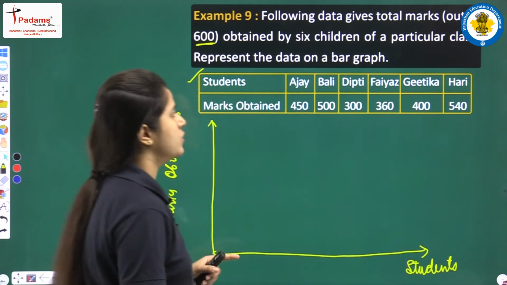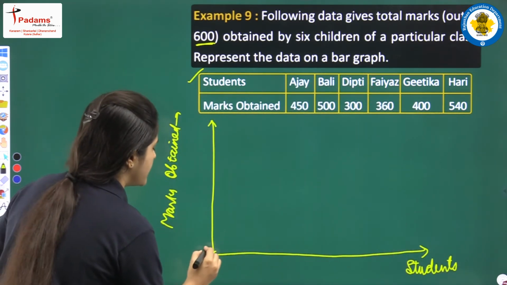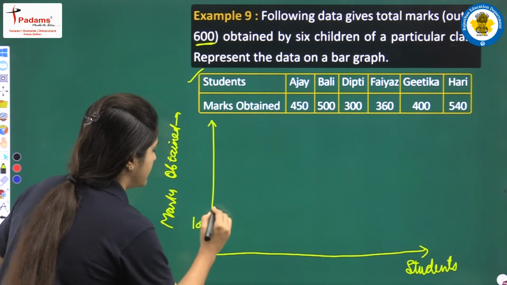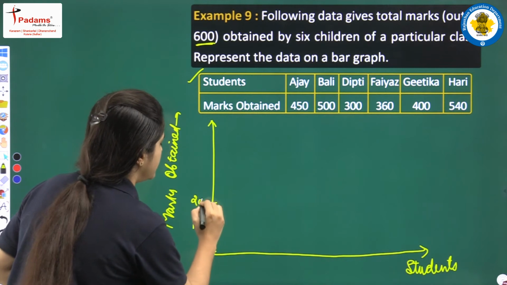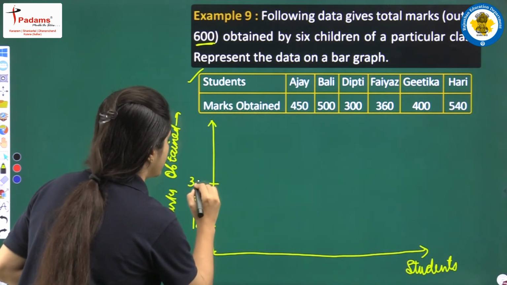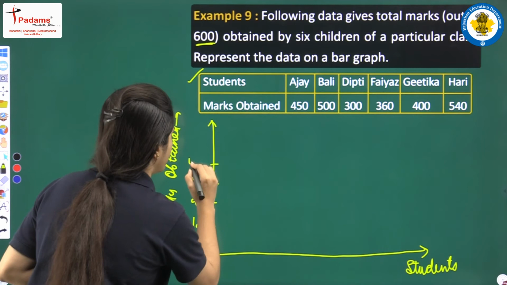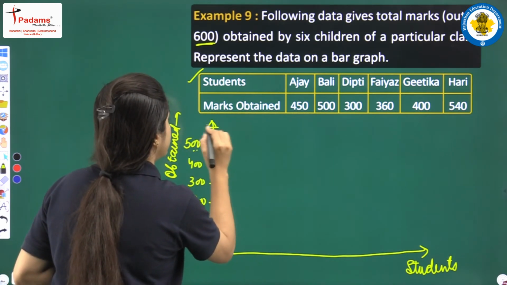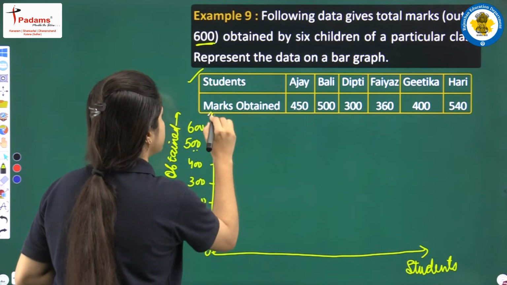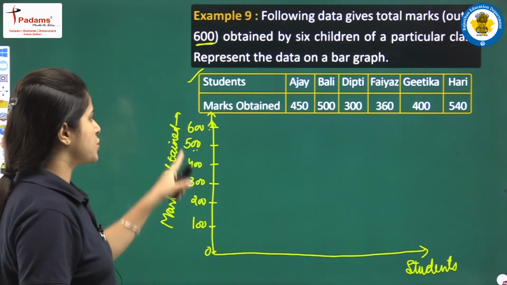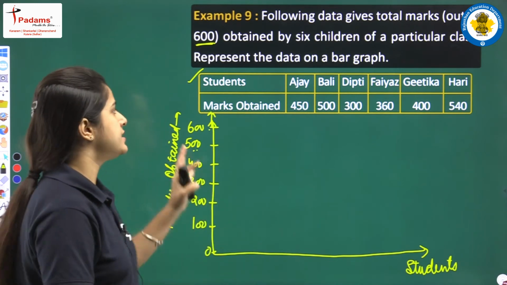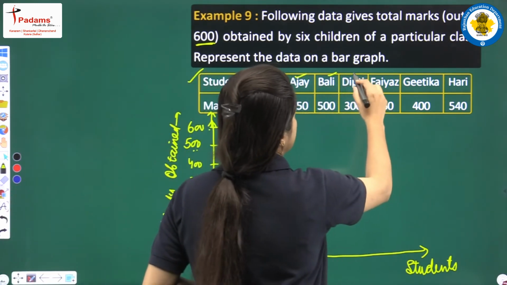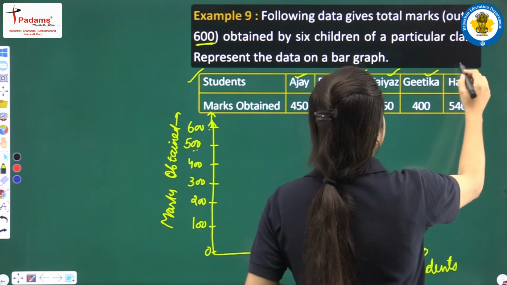Now students, we'll be starting with 0, then 100, then 200, then 300, then 400, then 500 and then 600. 0 to 600. Now students, we'll make the bars of Ajay, Bali, Dipti, Fayaz, Gitika and Hari.